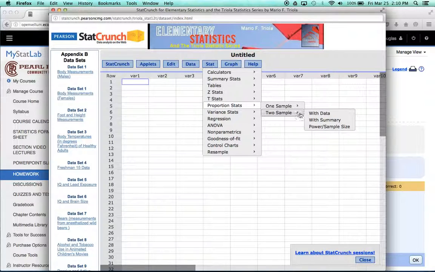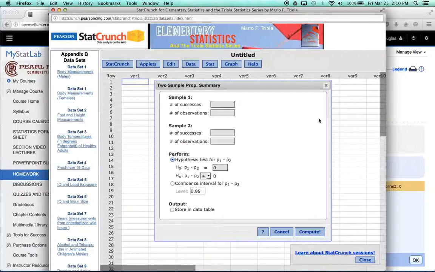I don't actually have the data, but I have a summary of the data, so I'm going to click on summary. In population 1, we had 77 out of 288 people that dreamed in black and white. And in population 2, we had 15 out of 292 people that dreamed in black and white.